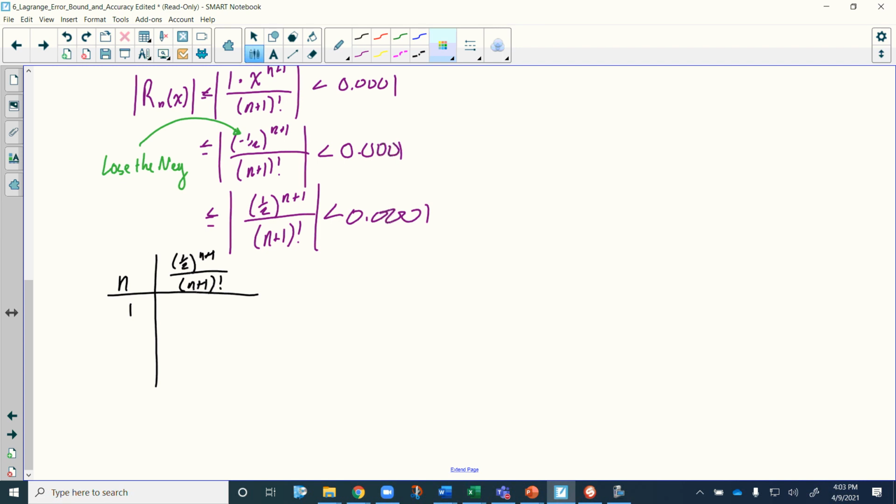The first one that I really am going to be looking at is let's try n is equal to 3. At n is equal to 3, I got 0.0026, which didn't work. It's not less than 0.0001. So we just keep going. At 4, I got 0.00026, so closer, but not yet.